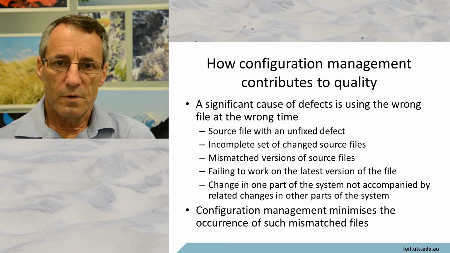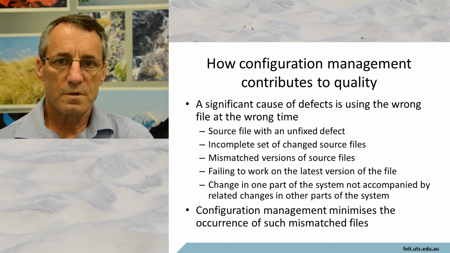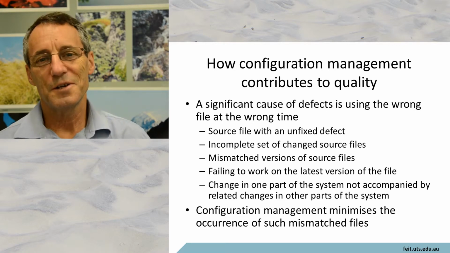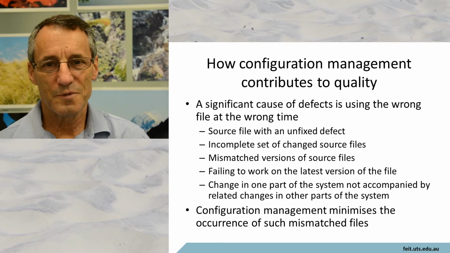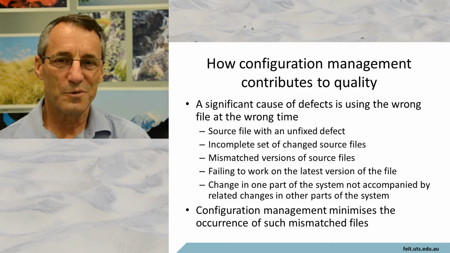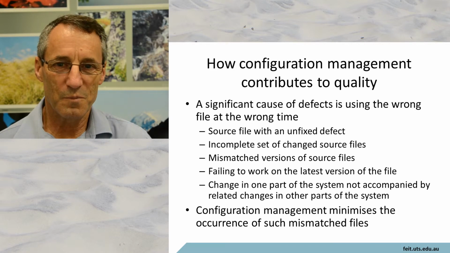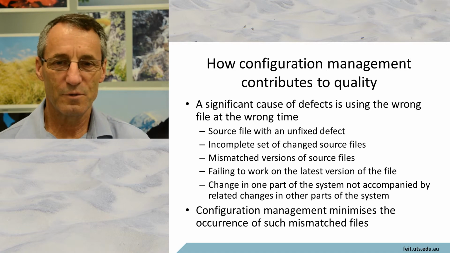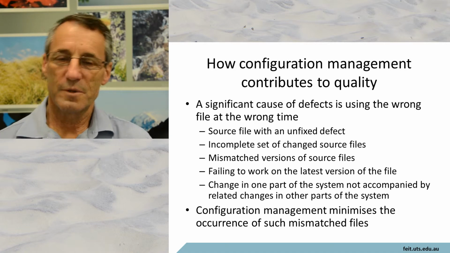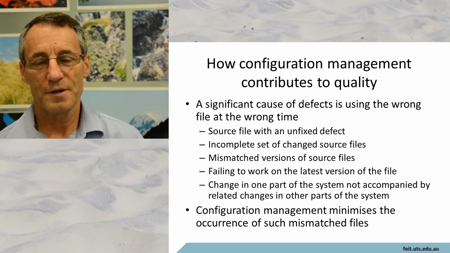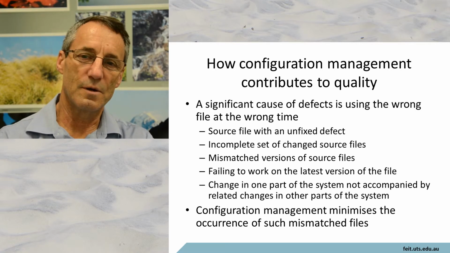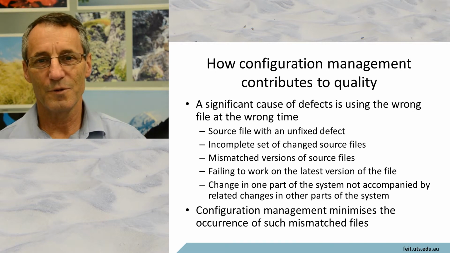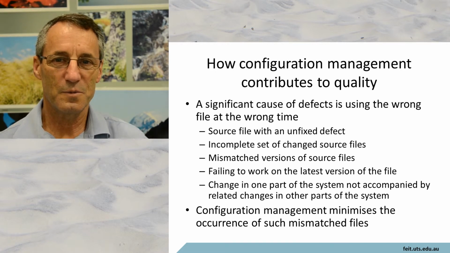Now, the contribution of configuration management to quality was mostly to keep track of things. A large problem in software development from prior to when configuration management was used was that the wrong versions of things kept being incorporated. So somebody might come along and fix a bug and create a new file. Someone else might not know that that new file has the bug fixed, and so they pick up the old file, or they pick up the new file, but not all the other files that are dependent on it.